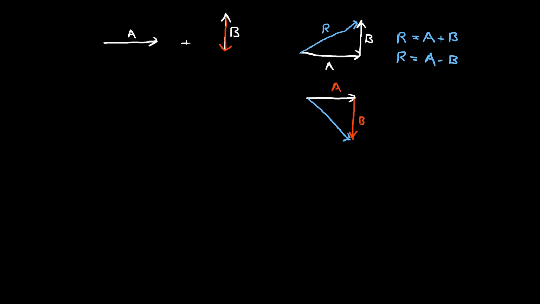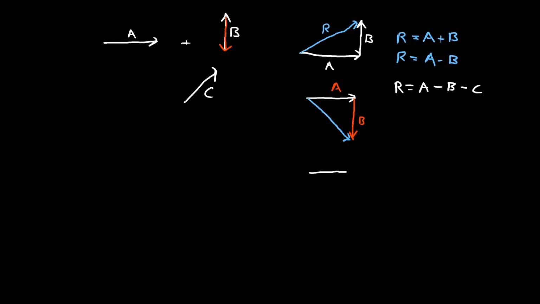We can also do something a little bit different. We can try adding a new vector. So let's say we have vector C, which can be in that direction. So we try R is equal to A minus B minus C. Let's try adding those.